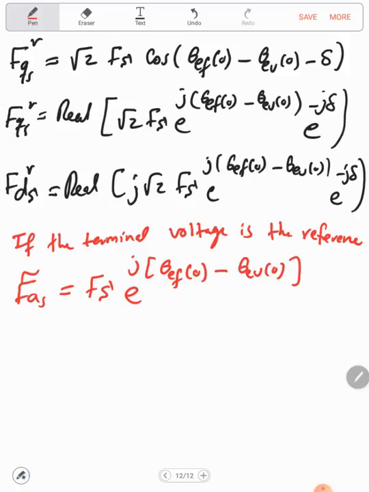Here I'm assuming that the terminal voltage is the reference. So simply, if F is V, this means that theta EF is equal to theta EV, and the exponent will be equal to 0, so the exponential is equal to 1, and Fas is equal to Fs.